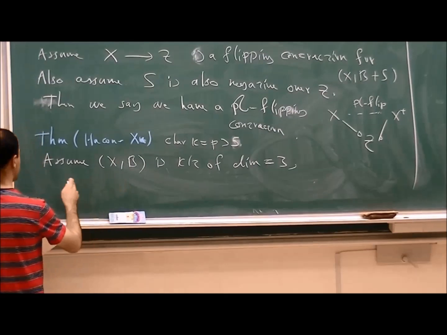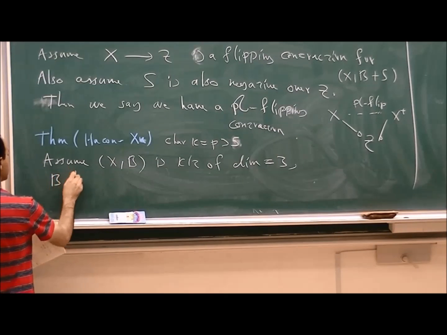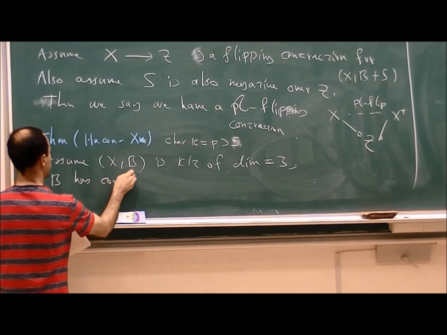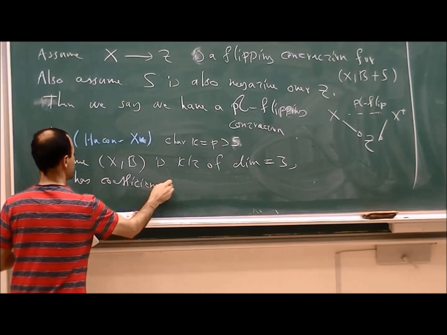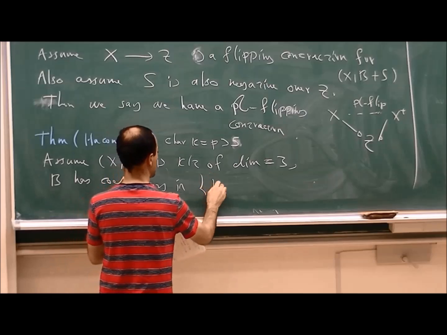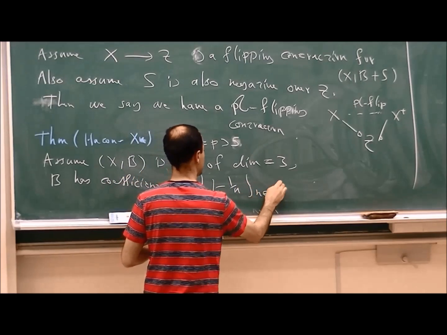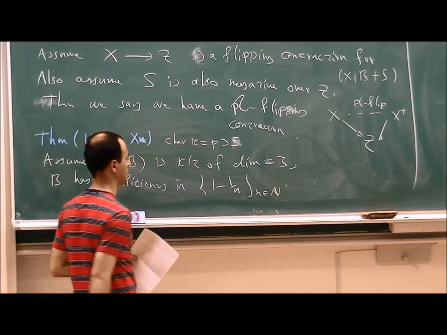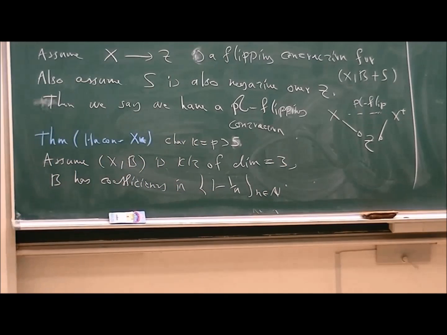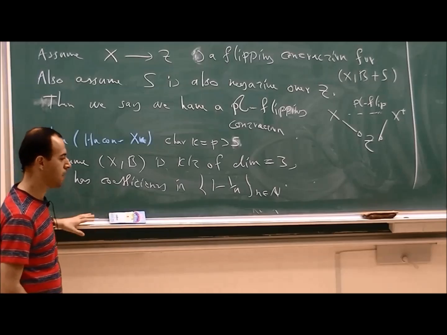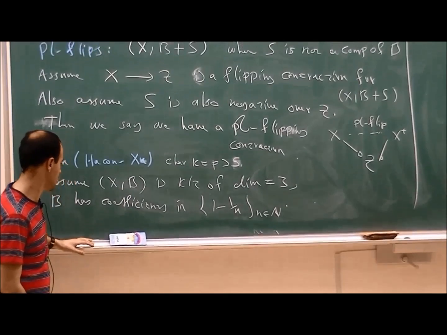So this is KLT, and then B has coefficients in this set. These are so-called standard coefficients. These are all for technical reasons, but at the end of the day, they should be removed.